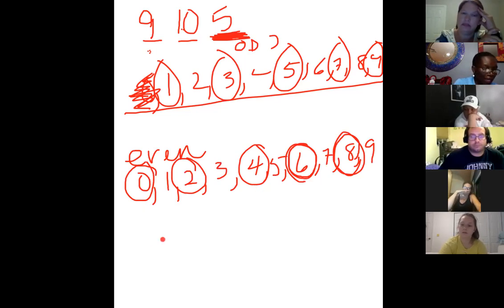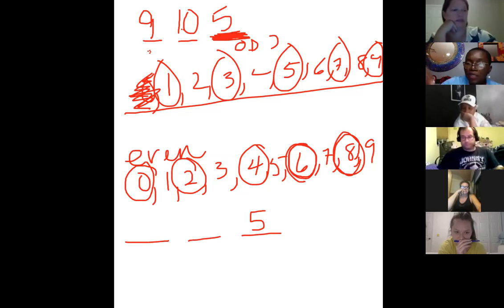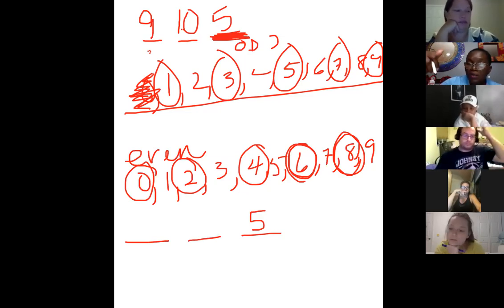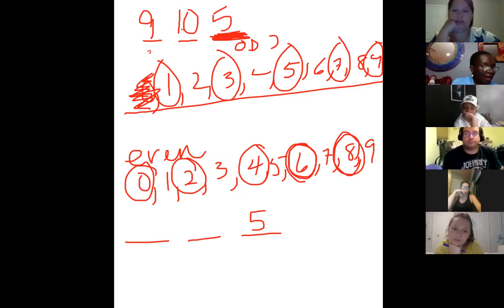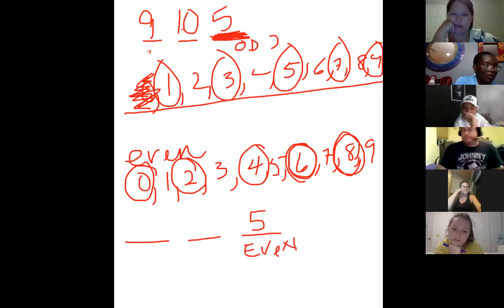So if you were creating an even number, you would have 5 choices right here. Now, if it's an odd number, you want the last digit to include an odd value. A 1, a 3, a 5, a 7, a 9.